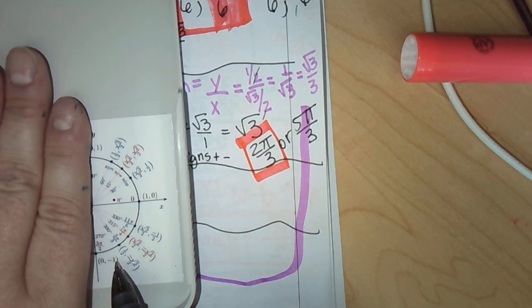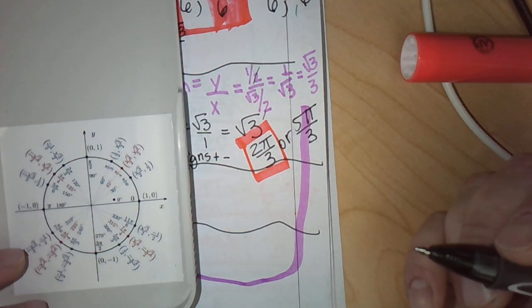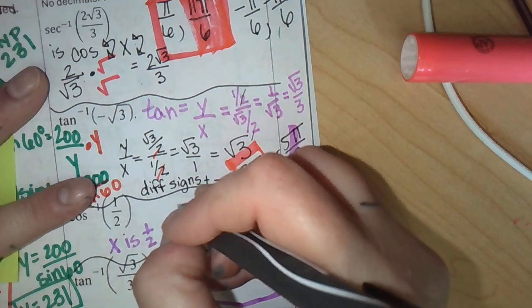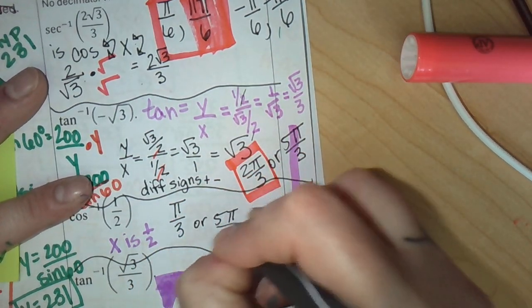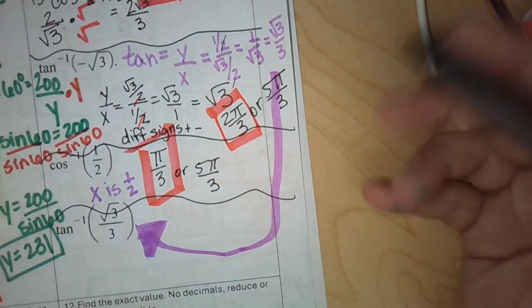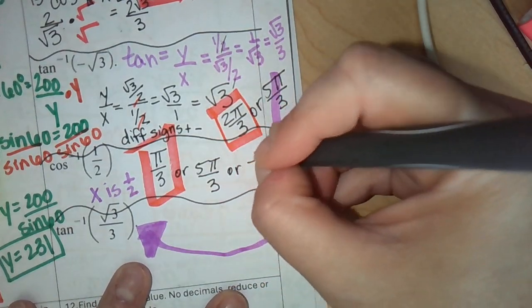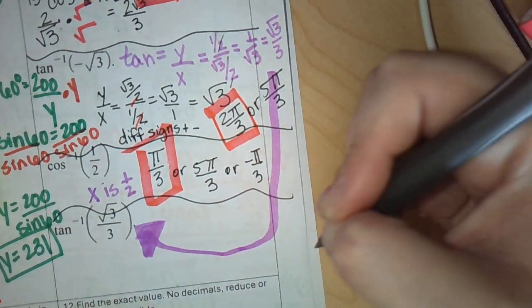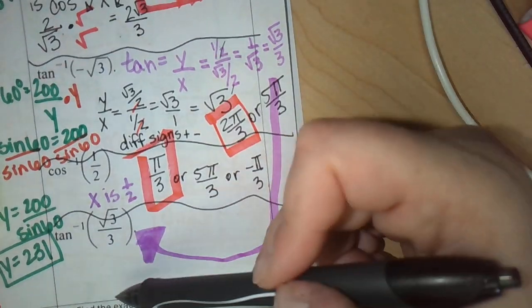This is when x is positive 1/2 at 5 pi over 3. So we have pi over 3 and 5 pi over 3. And again, I don't care whether you put the pi over 3 or the 5 pi over 3. If you put, I think technically even negative pi over 3, you could have put, and I would have counted that right.